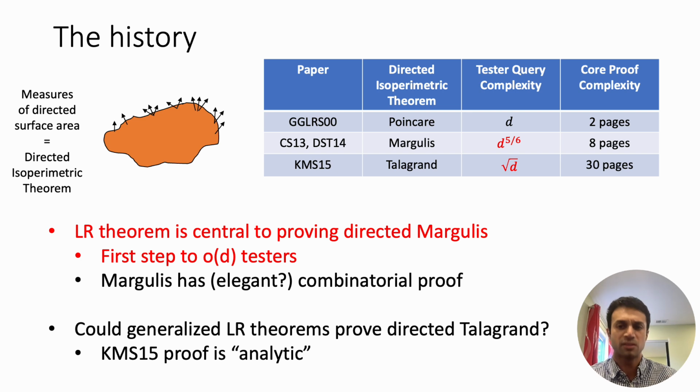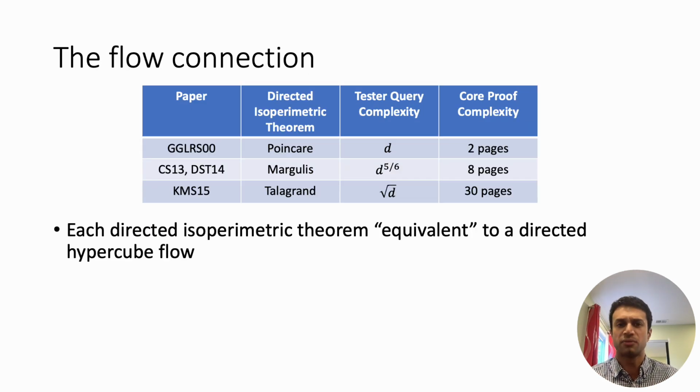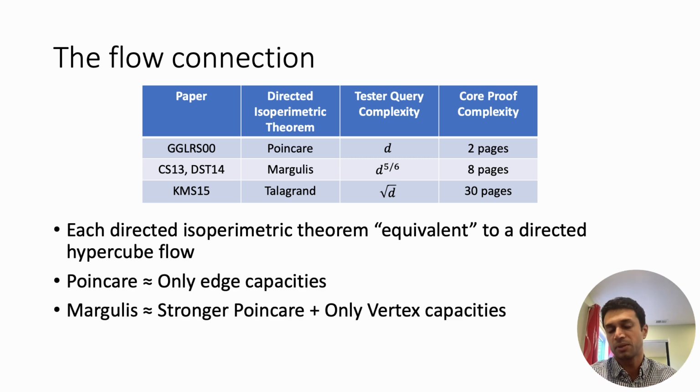And one of the questions behind all of our work is, could we prove generalizations of routing statements that could prove the directed Talagrand theorem? And indeed, what we discovered is that there is a flow connection. So every directed isoperimetric theorem is equivalent to a directed hypercube routing theorem. The Poincare statement is only about having edge capacities.